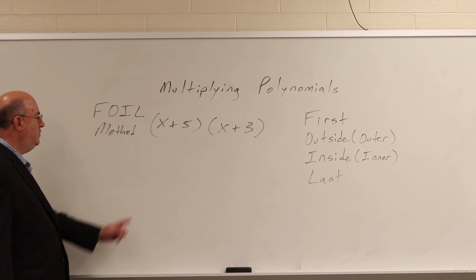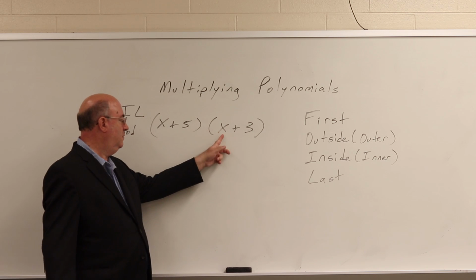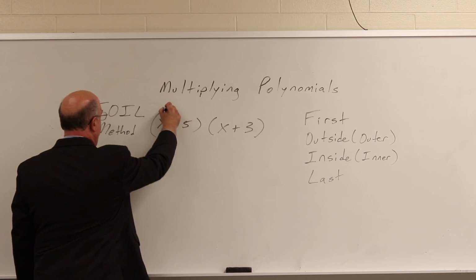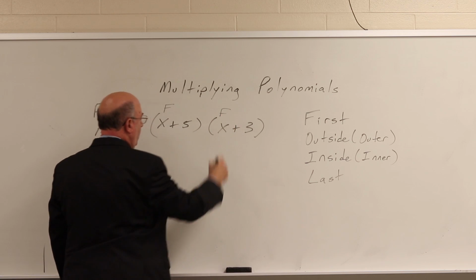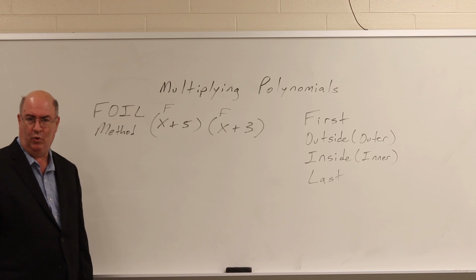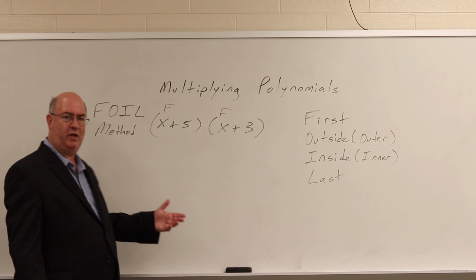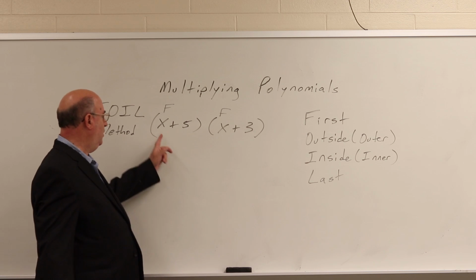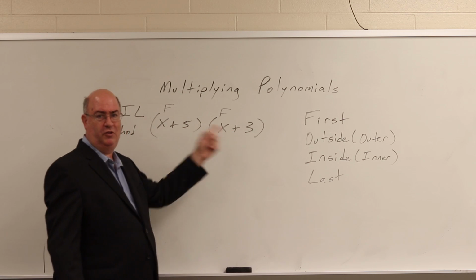First is the first term in each bracket. We can put an F here for first. That'll help a bit. We're going to multiply those first, but let's mark the things first, and then we'll multiply. Outside are the two terms that are furthest away from each other.